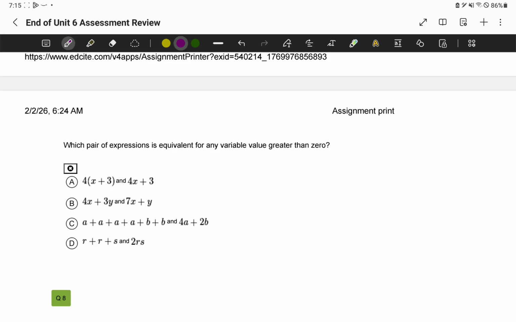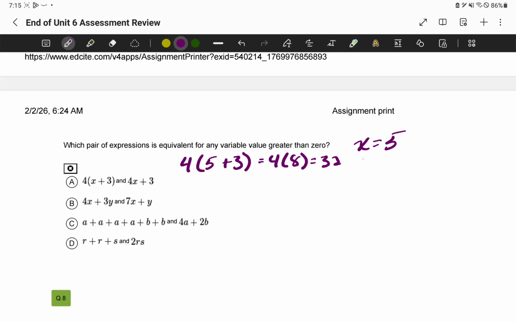So for x, I'm going to use x is 5. Well, that's 4 times 5 plus 3. Well, 5 plus 3 is 8. So that's 4 times 8, which is 32.